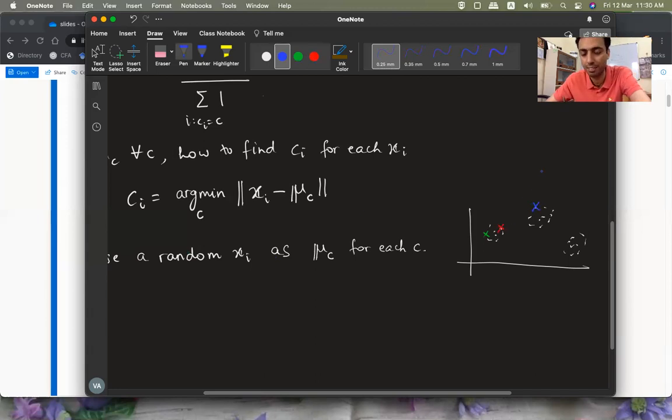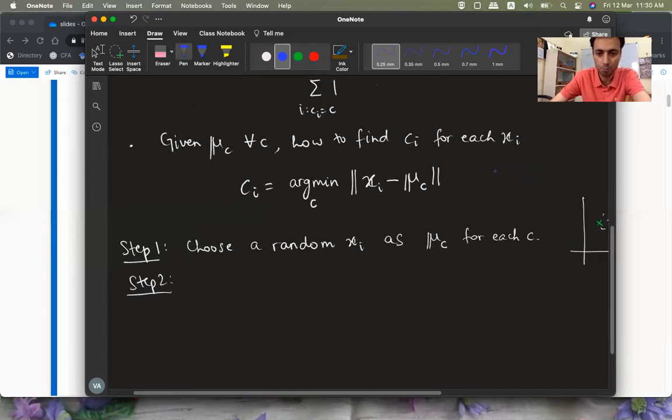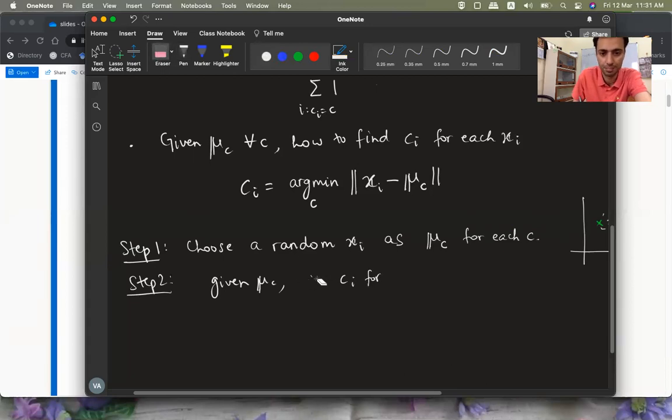This is not the right thing, but you just started from any 3 points. Now what will happen? Now do this step: given mu c, find ci for each xi, or you can say re-estimate.